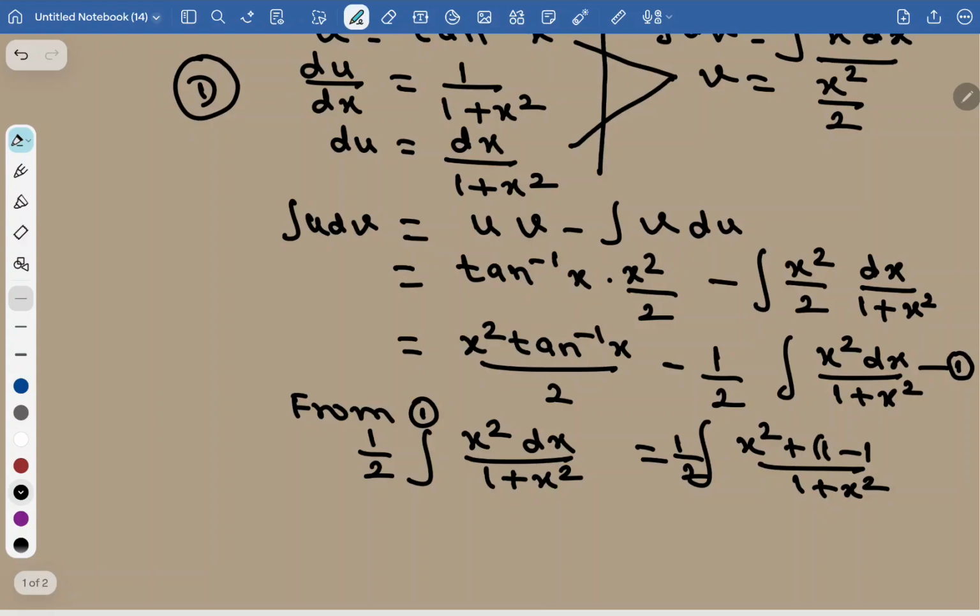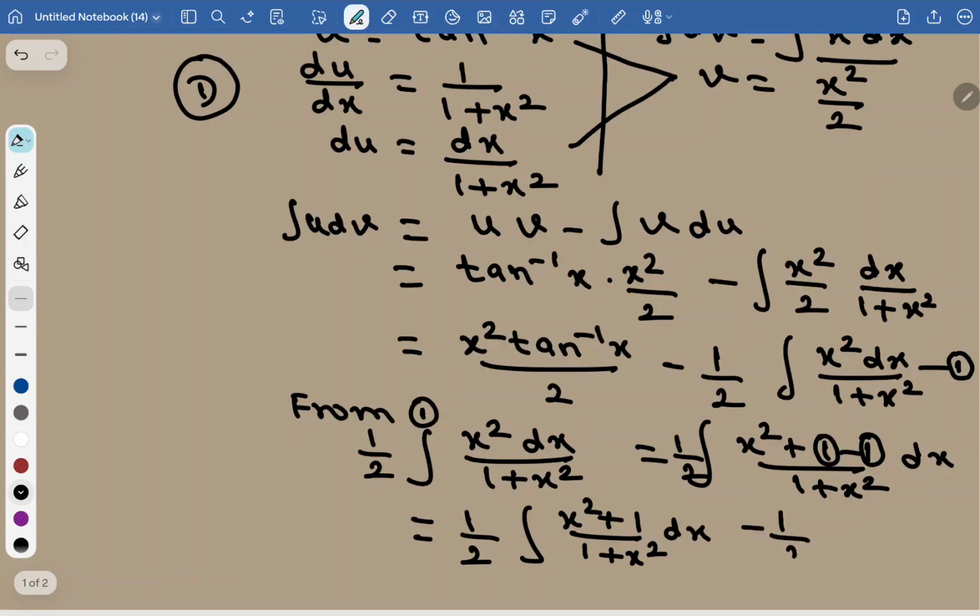Therefore I am adding 1 and subtracting 1 into dx, which is equivalent to 1 by 2 integral x square plus 1 by 1 plus x square dx minus 1 by 2 integral dx by 1 plus x square.